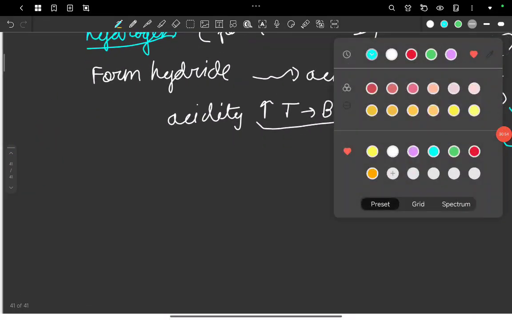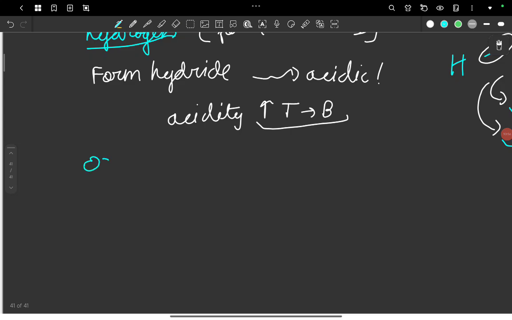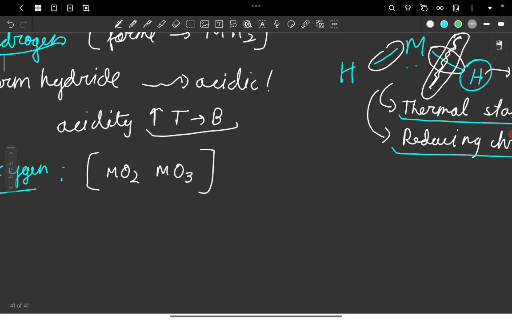Now let's talk about their reactions with oxygen. They can form compounds which look like MO2 or MO3. Like even oxygen, they can form ozone, and they can also form compounds like SO2, sulfur dioxide.